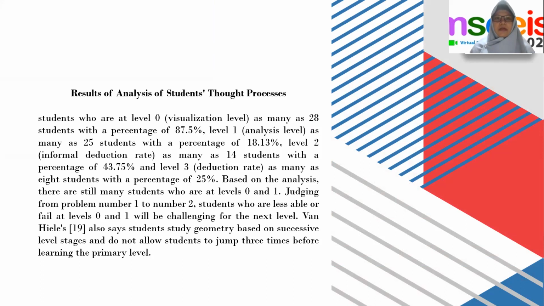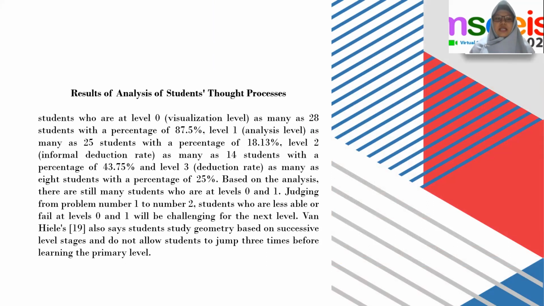Level 2, the informal deductive level, 14 students with a percentage of 43.75%. And level 3, the deductive level, 8 students with a percentage of 25%.